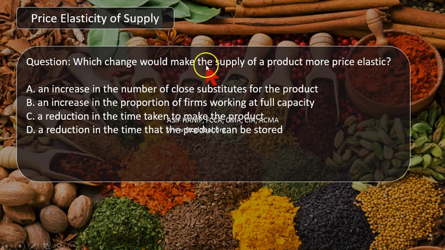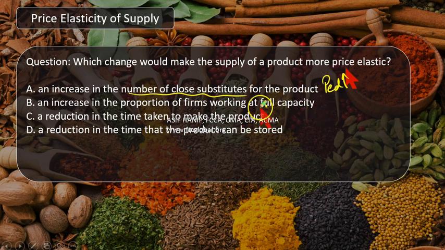Which change would make the supply of a product more price elastic? An increase in the number of substitutes for the product. Increasing the number of substitute products would increase the price elasticity of demand. Incorrect. An increase in the proportion of firms working at full capacity.